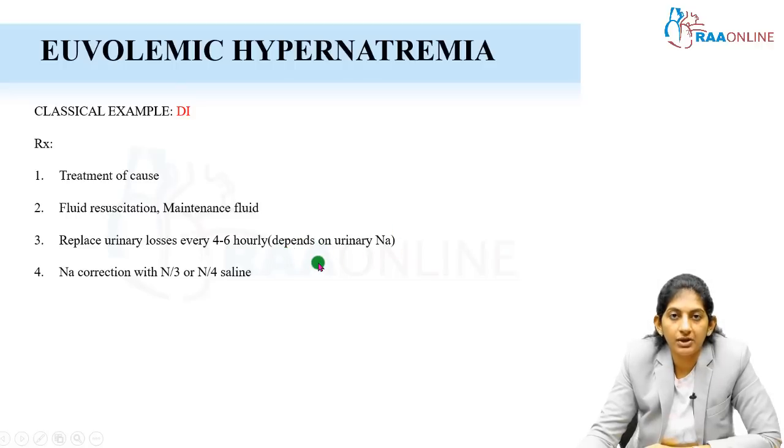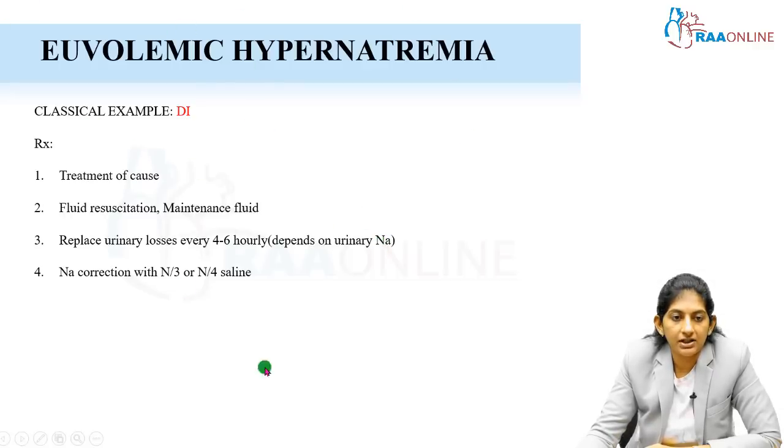Urinary sodium, of course, you can measure from the lab. Also, you know that urinary sodium will approximately be 50-60 milliequivalents per liter. So, depending on the urinary sodium, you will choose the fluid. What kind of fluid should you use? N by 2 or N by 3 or N by 5 saline. So, depending on the sodium in the urine, choose a fluid, and you can start substituting every 4 hourly or every 6 hourly.